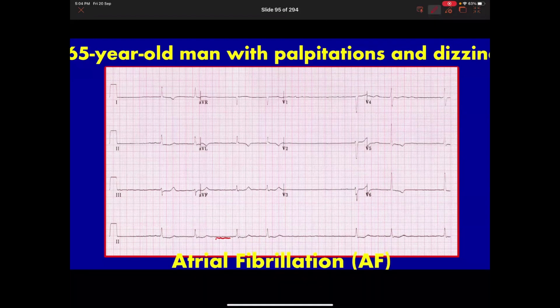The key words to recognizing atrial fibrillation: one is no P waves, two, irregularly irregular. See how there's a huge difference between each QRS complex and it doesn't follow a pattern. So it's irregularly irregular with no P waves, AFib immediately, okay?